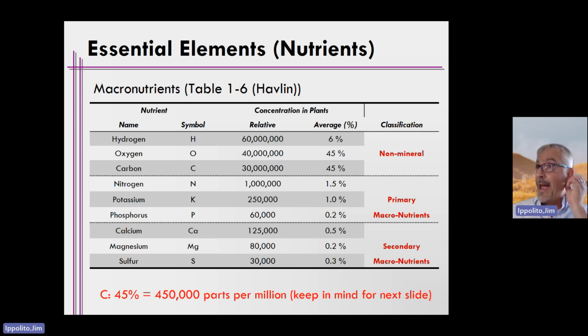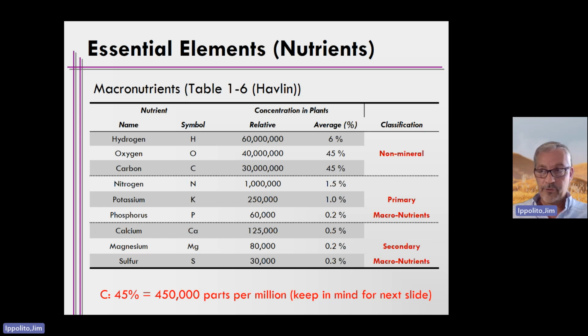And we call these macronutrients because they're in great concentrations within the plants. That's unlike micronutrients. So let me give you an example. Carbon is 45% on average within a plant. If you were to express that on a parts per million basis, that's 450,000 parts per million, right? So if you took 450,000 divided by a million and multiplied by 100, that would be 45%.